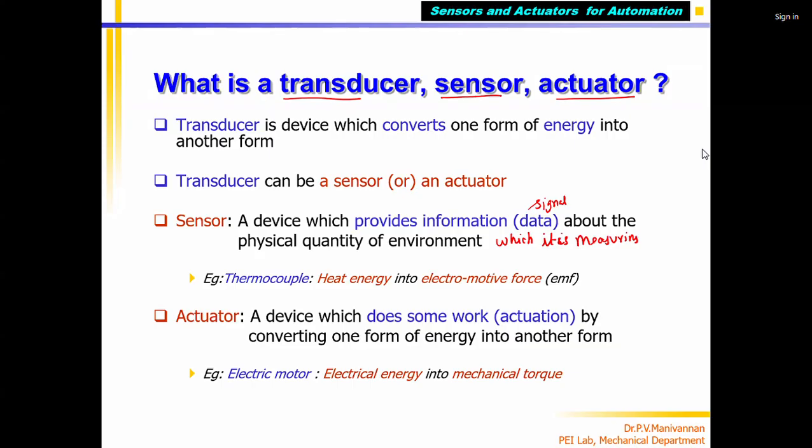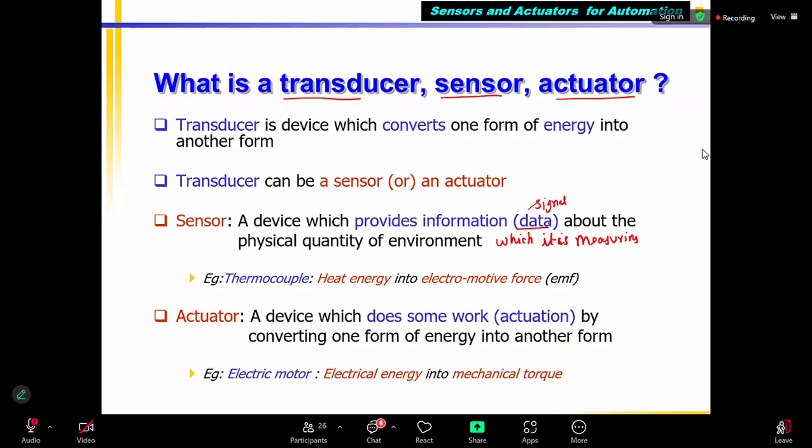A sensor is going to measure some parameter. It can be temperature, force, pressure, light intensity, humidity, or any other parameter you want to measure. I am talking about a sensor used in the engineering field. It is going to measure the parameter and provide an electrical signal, what we call data, which is proportional to the input parameter.